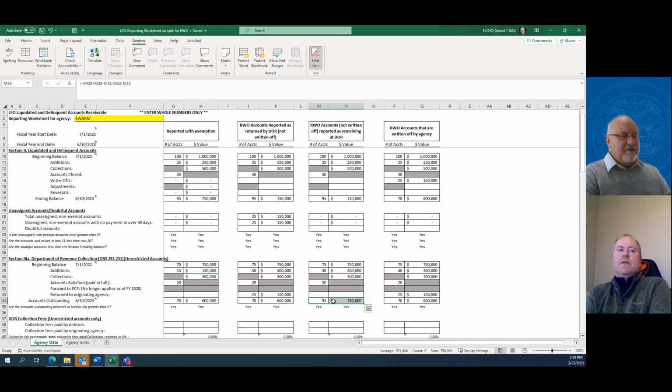But I certainly understand a lot of agencies have had a number of turnovers in accounting positions this year. So on the one hand, I understand it. On the other hand, the policy and advice is write them off as quickly as you get the information.